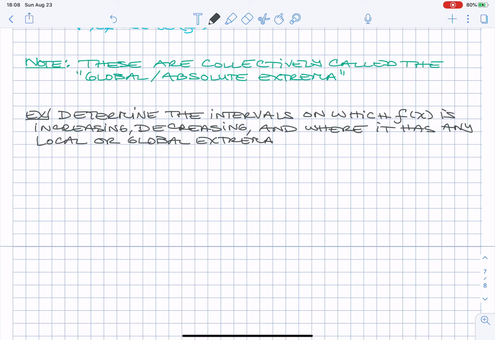Okay, so now I need to draw this for you. So x and y coordinate axes, I want to go up to 1, 2, 3, 1, 2, 3, 4. Hopefully I've got enough room. Let's see if I do.